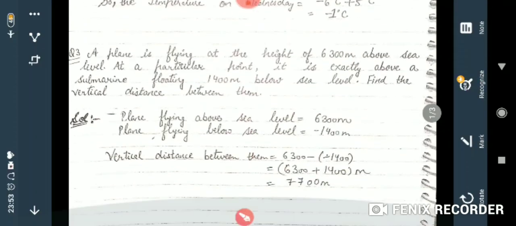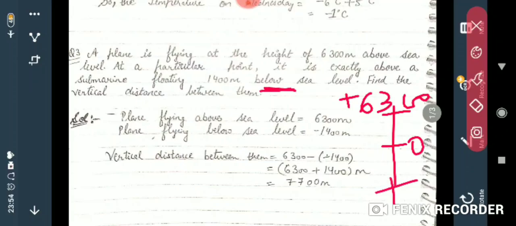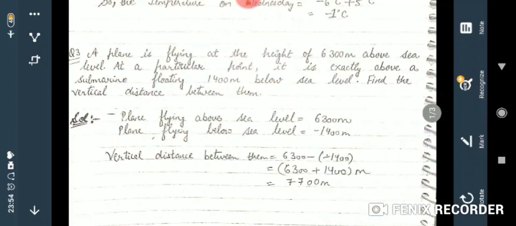For example, this is sea level, 0. If the position is above, what will it be? Positive. If it is below, below means downside, so what will it be? Negative. As you know very well, when you go up, plus; when you go down, below, minus.